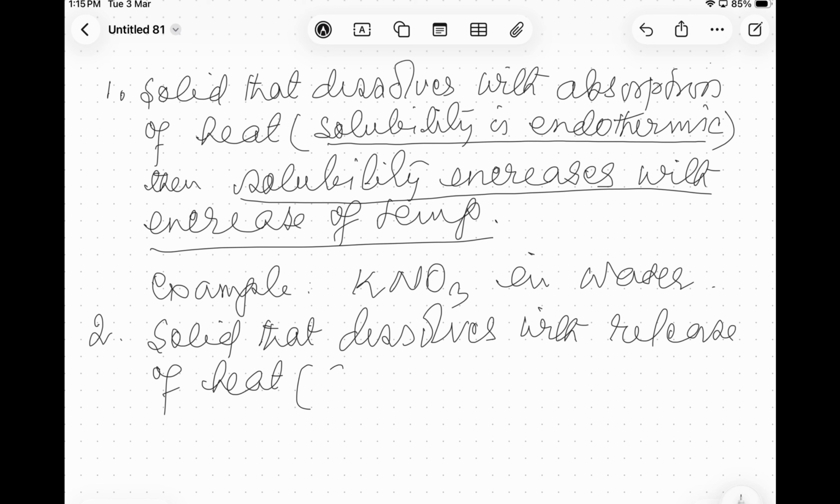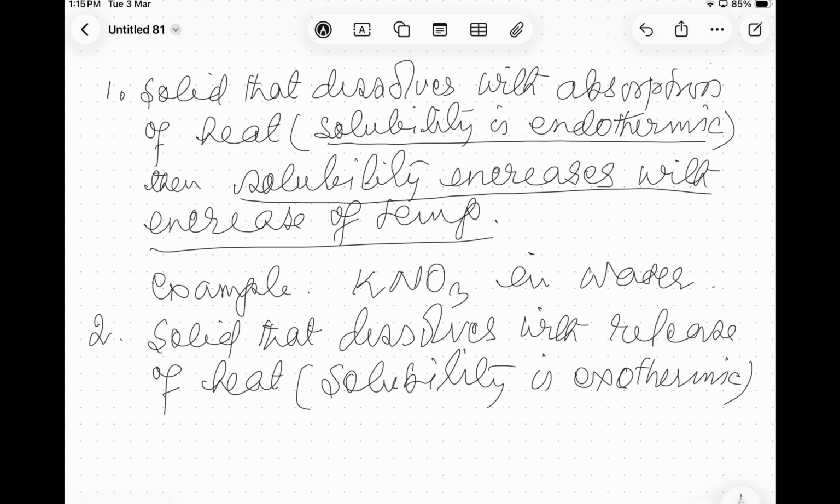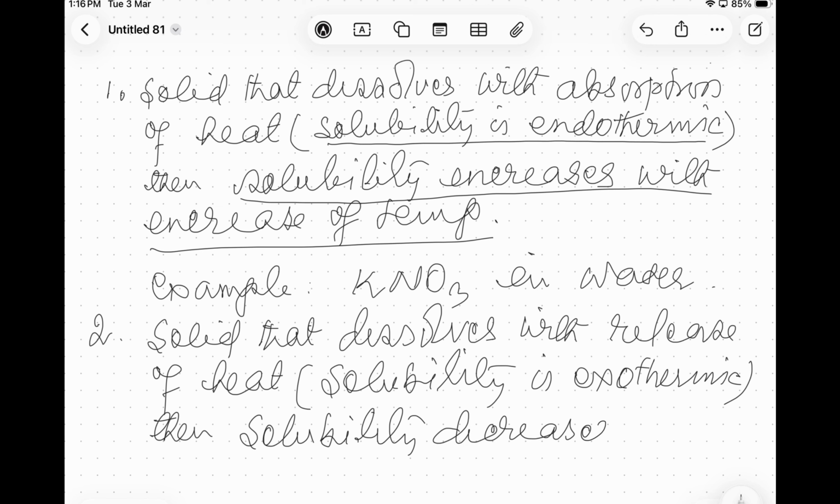That means if the solubility process is exothermic, in that case solubility decreases with increase of temperature.